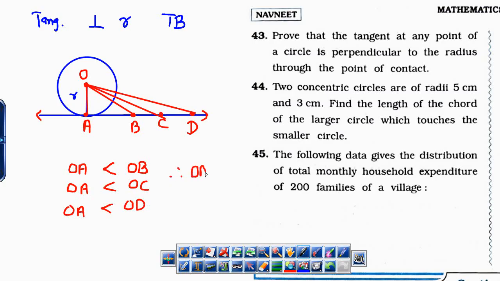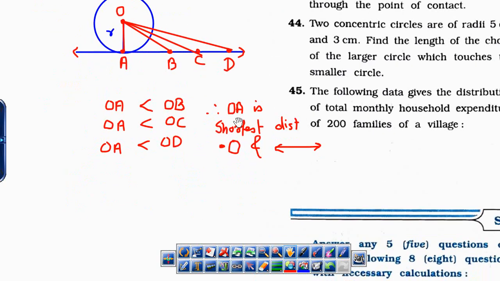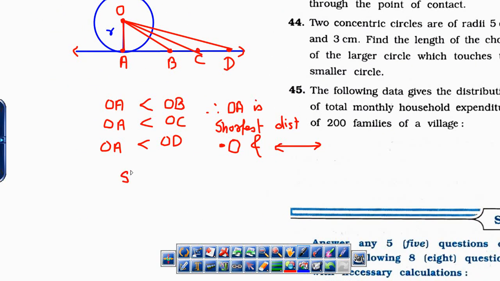Therefore I can say OA is the shortest distance between point O and the line which is the tangent. All others are bigger than it. And in 9th standard there was a theorem that the shortest distance is always perpendicular, and therefore I can confidently say OA is perpendicular to the tangent.